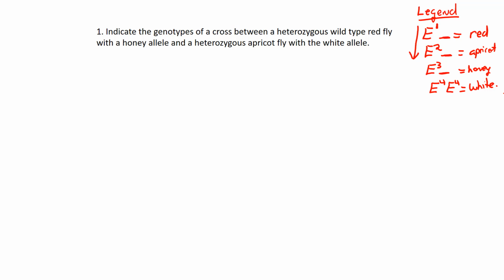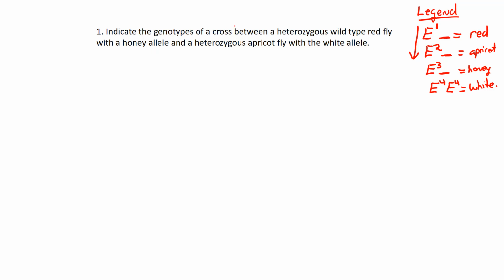Okay, so step 1, as we've been doing all the different steps, and again, we're starting to get progressively tougher, more complex questions. We started out with monohybrids. This is the next level. It's still a monohybrid, but it's a monohybrid with multiple alleles to represent a particular trait. Step 2, underline the parents.